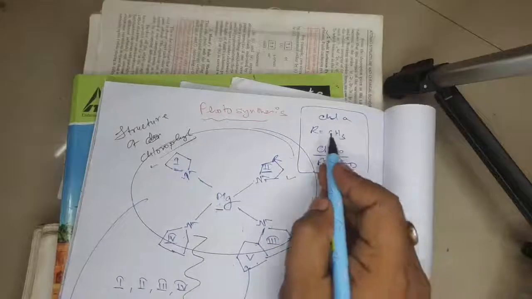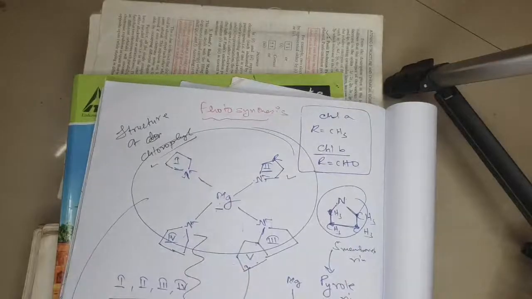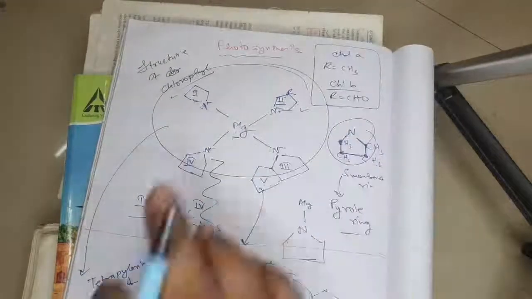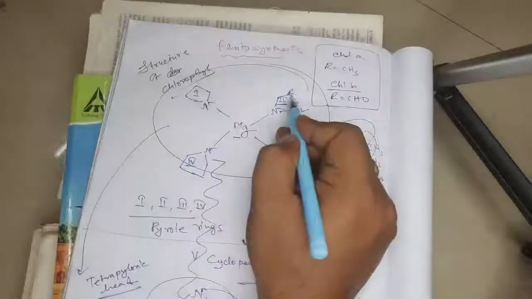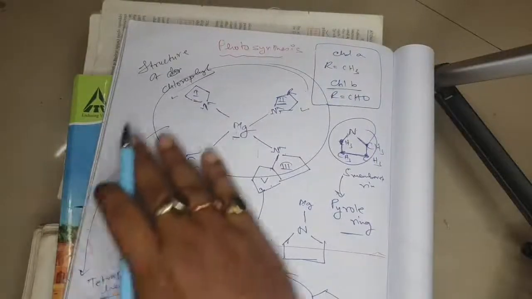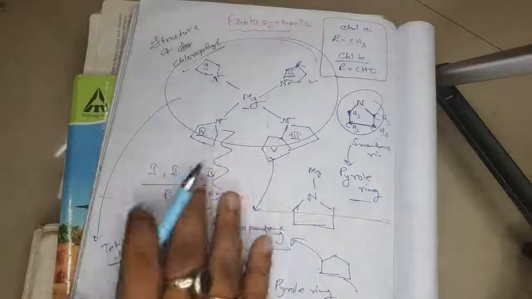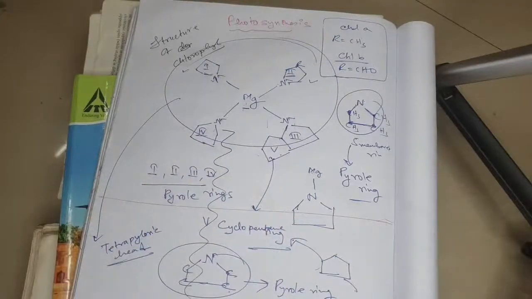That is the structural difference between chlorophyll A and chlorophyll B. They differ structurally only here; the rest of the things are the same.